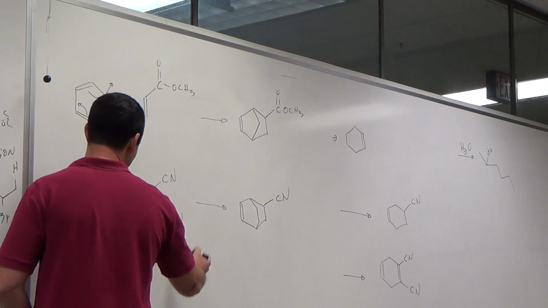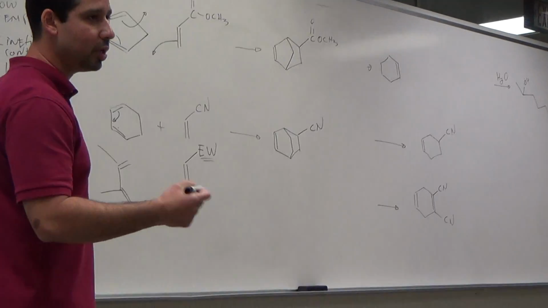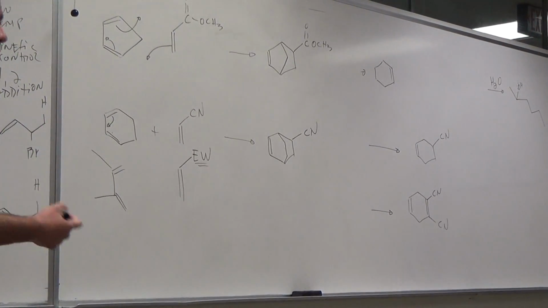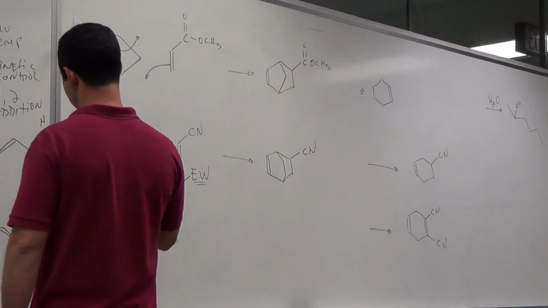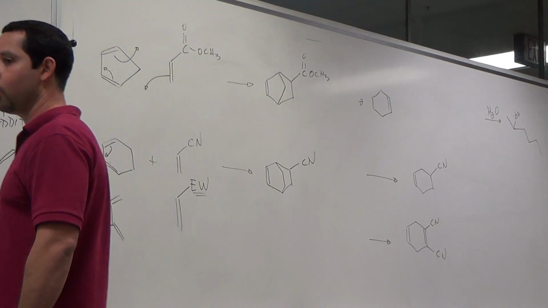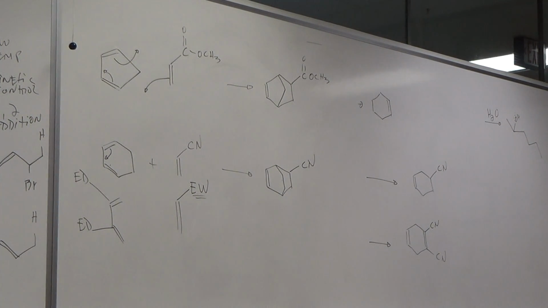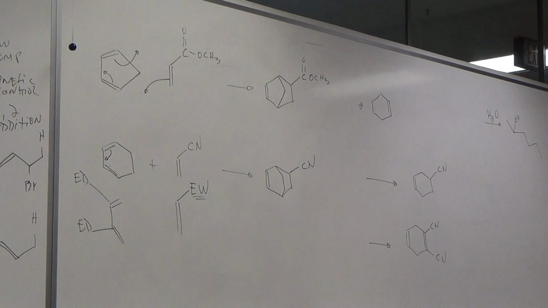This is electron withdrawing groups, while these groups here are electron releasing groups or electron donating groups. Electron donating groups are the good groups to put in a diene. And the good groups to put on a dienophile, I said it the other way.